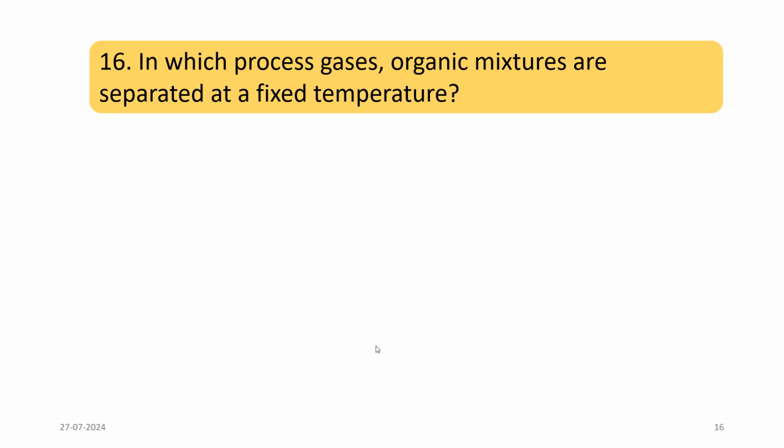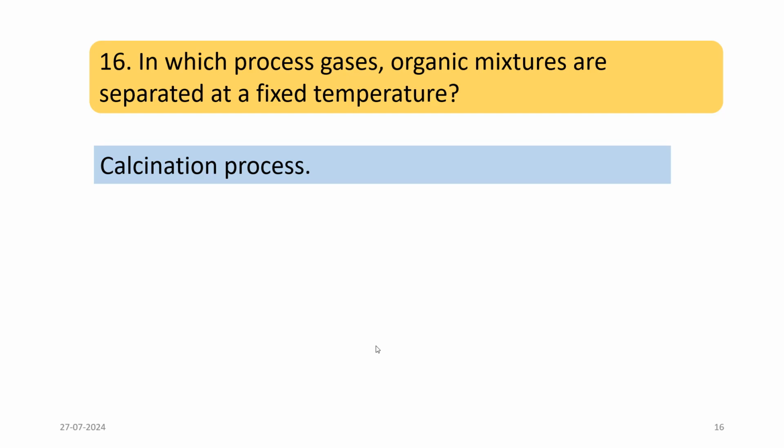Distillation process? No, it is calcination. What happens in the calcination process at a fixed temperature? The solid particles are converted into oxide, and the whole process happens in the absence of air. So that is called the calcination process. In this way, different types of gases like CO2, SO2, NO2, organic impurities, and moisture are separated from the source.